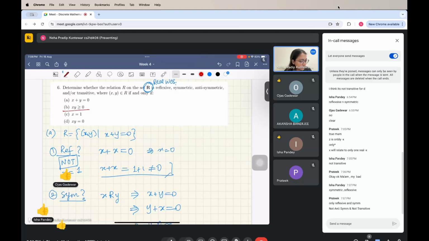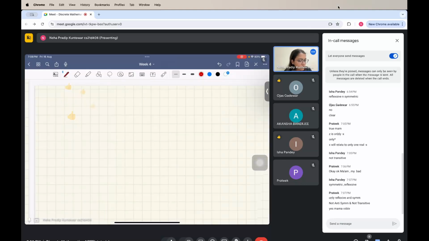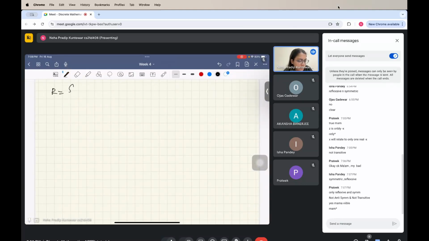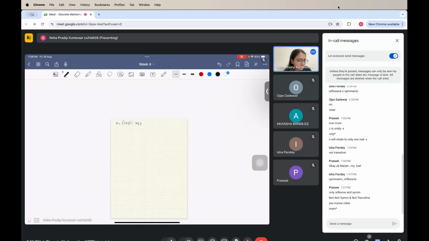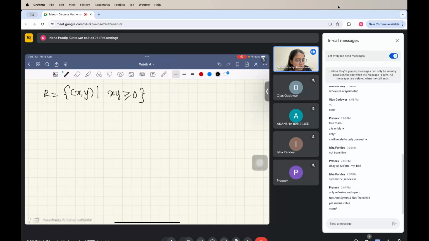Okay, so let's try this one out. You have this relation which says that x and y are related if xy is at least 0. So let's ask about reflexivity. Is x related to x?